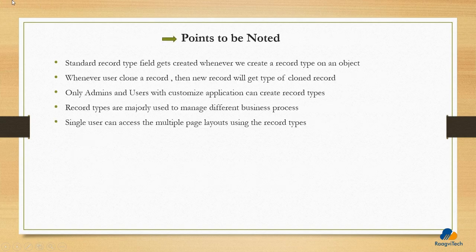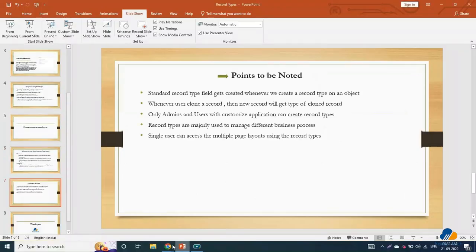So there are some points to be noted while you are using record types. Whenever a record type is created, the standard record type field gets created. Whenever a user clones a record, the new record will get the record type of the cloned record.